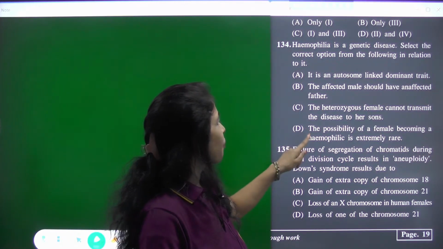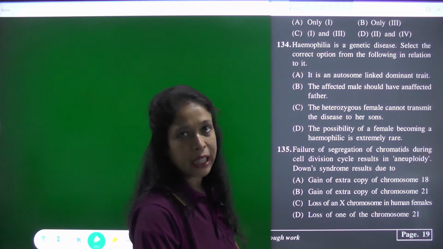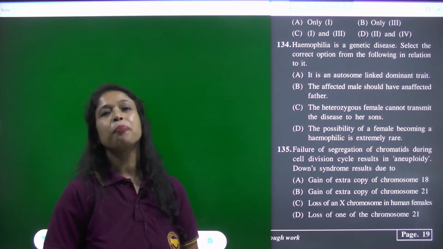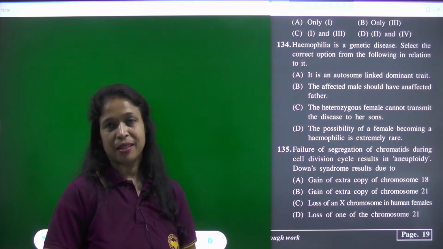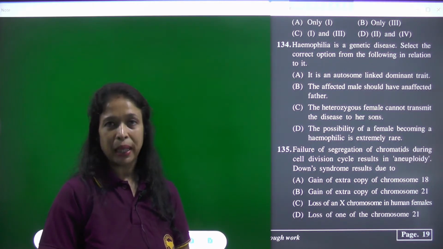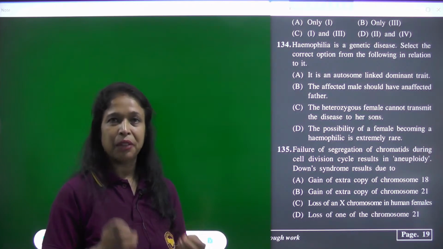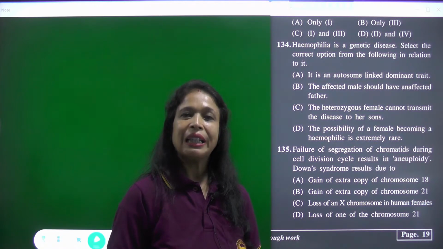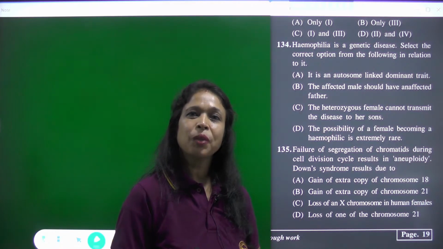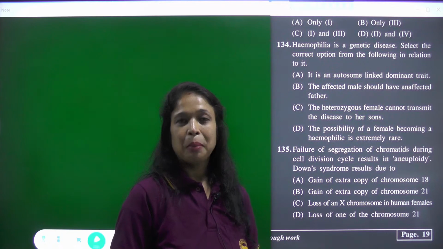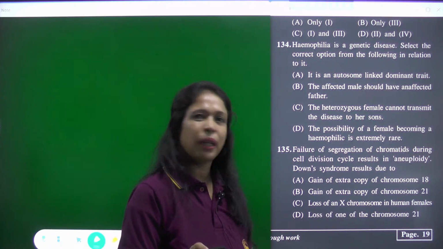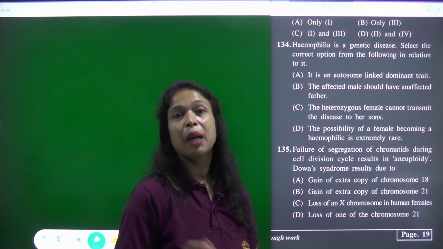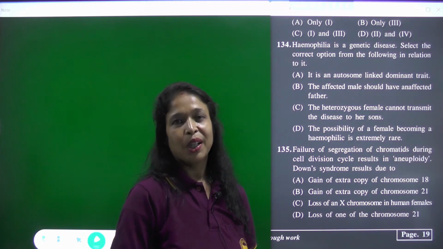Then possibility of a female becoming a hemophilic is extremely rare. Yes, that's true. The possibility of hemophilia is more in male. It's very rare in female, because in female the disease will occur only in homozygous conditions, but in male the disease can be seen even in heterozygous, hemizygous conditions, right?